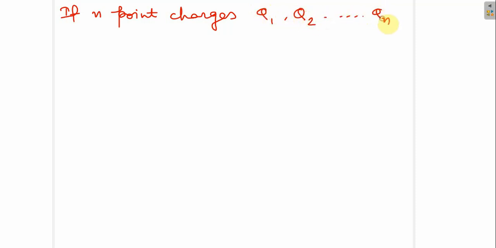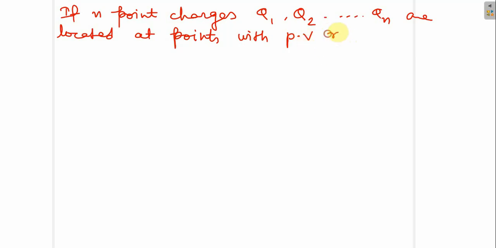And in case n point charges, that is q1, q2, up to qn, are located at points with position vectors r1, r2, up to rn, then what will be the potential at r?